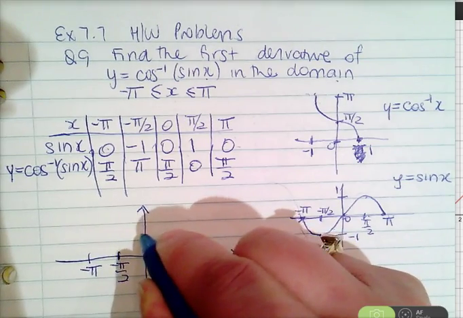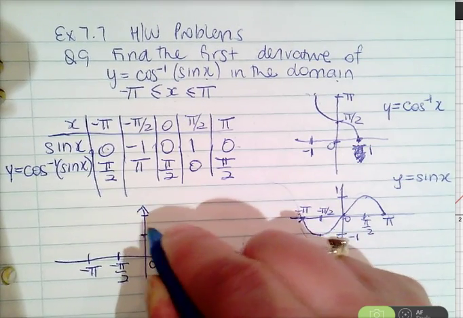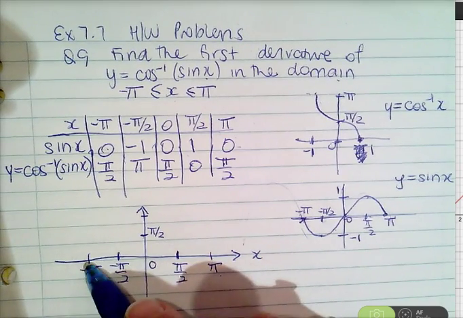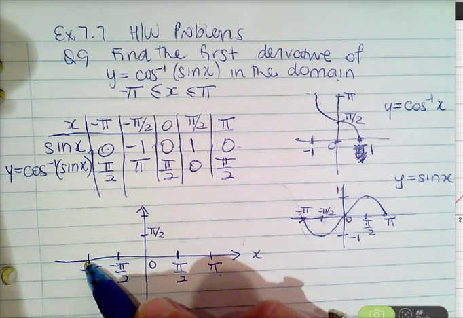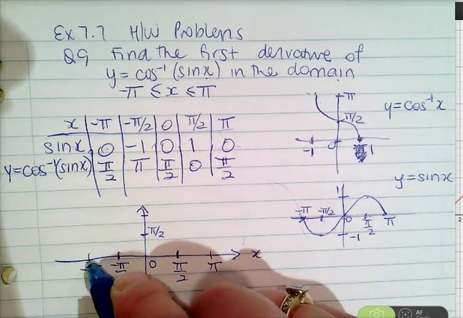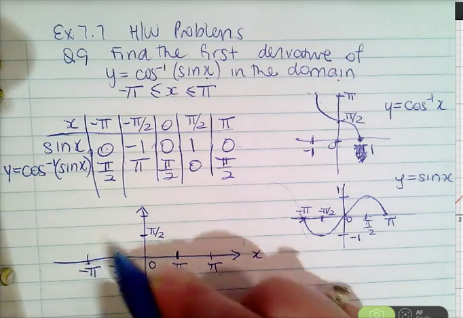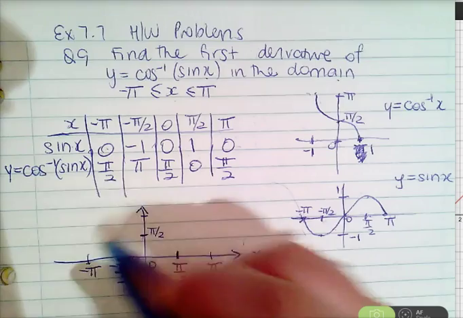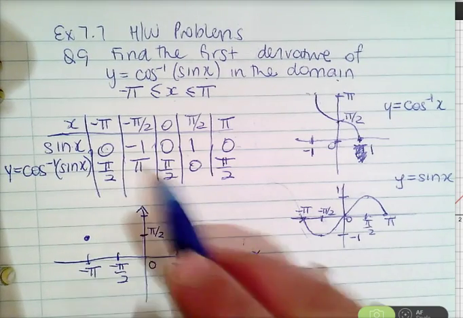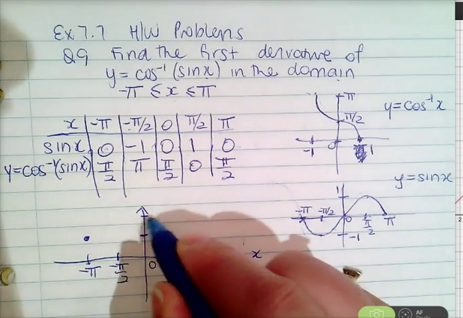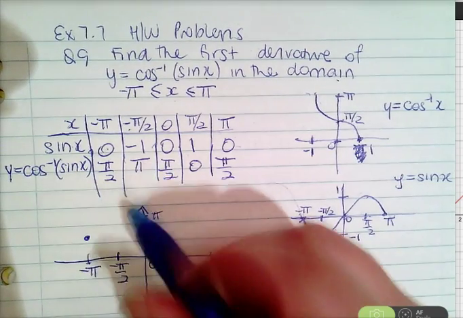So I'm just going to put pi on 2 here. So here, when x is negative pi on 2, the inverse cos of sine of x is pi.